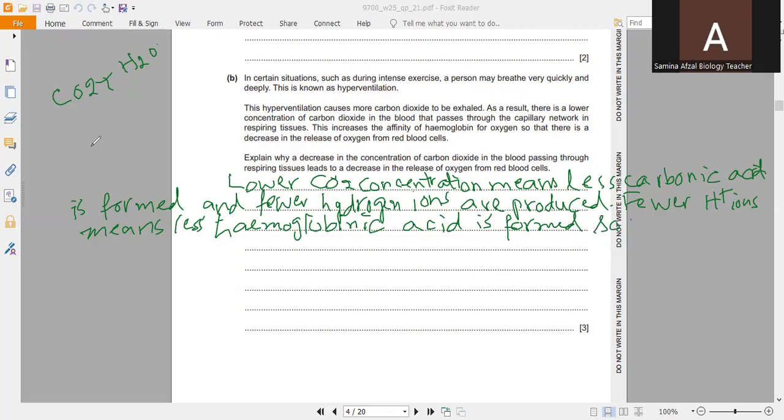So the pH inside the red blood cell remains high.